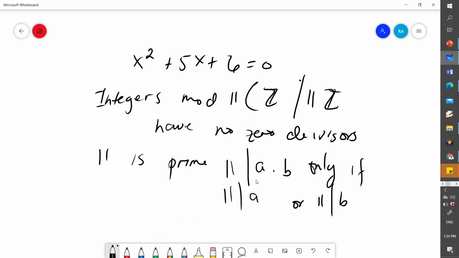So this is only a product of 11 if one of the numbers is divisible by 11, and none of the integers 1 to 10 is a multiple of 11. So this ring does not have any zero divisors.